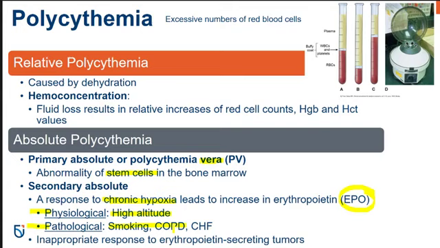And so the body will respond to that state of chronic hypoxemia by producing more erythropoietin to produce more red blood cells to hopefully compensate for this problem. So we end up with really thicker blood when we talk about especially this absolute polycythemia.